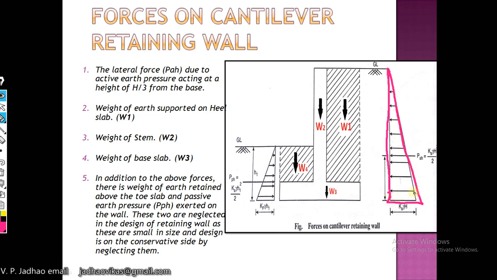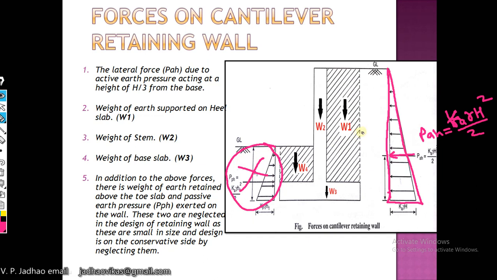We are having this force from the retaining material or the backfill material, and the intensity of this backfill force is given by PAH is equal to Ka gamma H square divided by 2. The pressure developed due to passive earth pressure will be neglected.